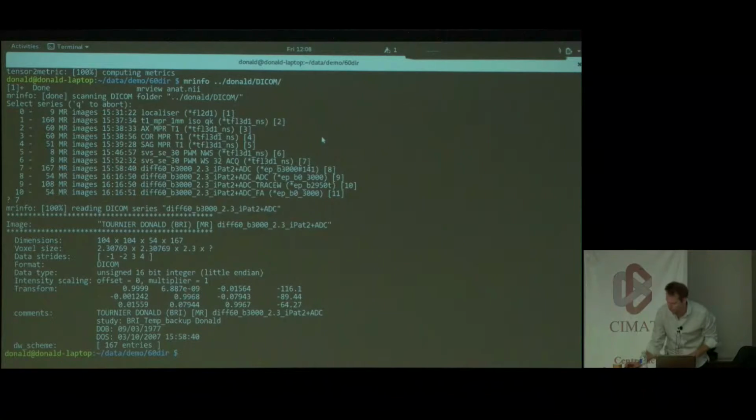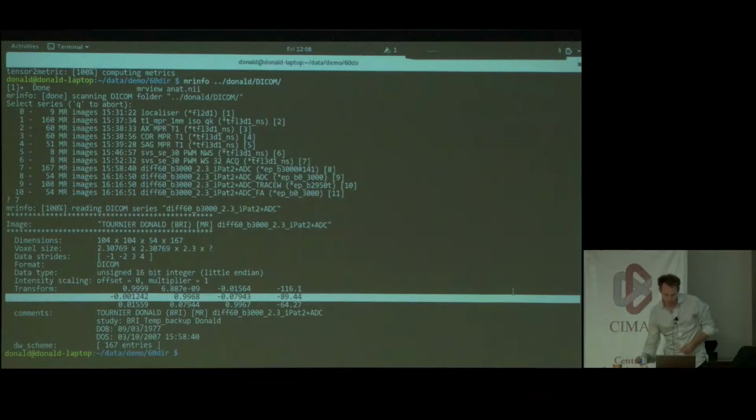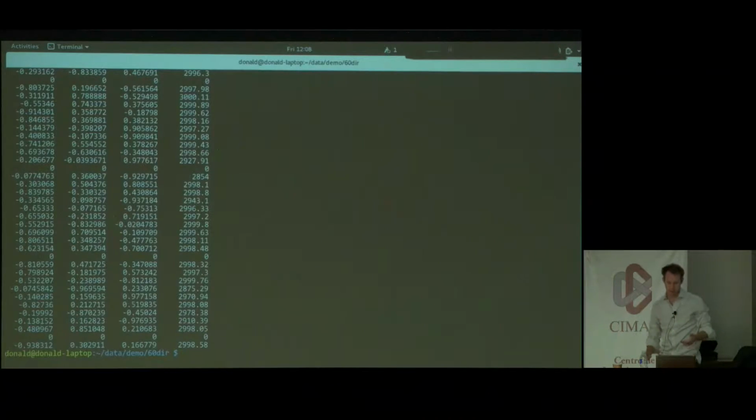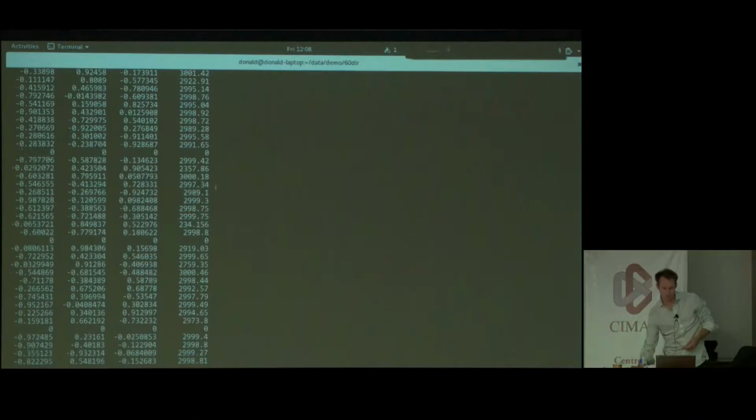Check it out, the last one here, DW scheme. It's a pretty big file, but I've got 167 entries in my gradient table. If I want to find out what these are, I can stick another option here to tell me, and here it is. That's the entire table: X, Y, Z, b-value.